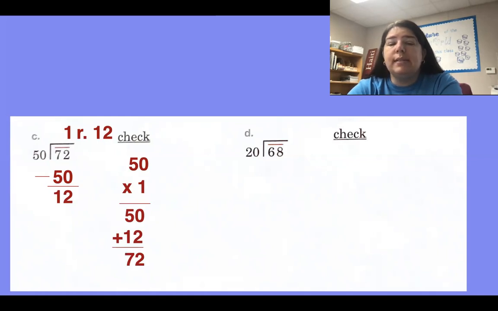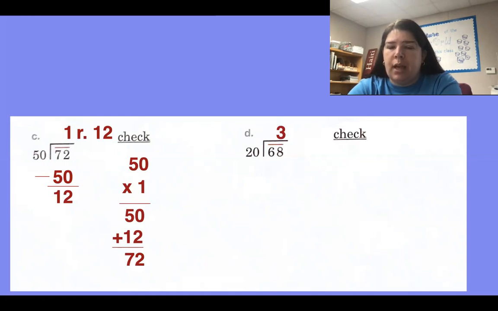Next one, 68 divided by 20. The line is over 68 because we're dividing by 2 digits, 2 0, so we need 2 places. So 6 and 8, and that's where our first number is going to start, at the end of that line. So here we go. 6 divided by 2 equals 3, and 3 times 0 is 0.